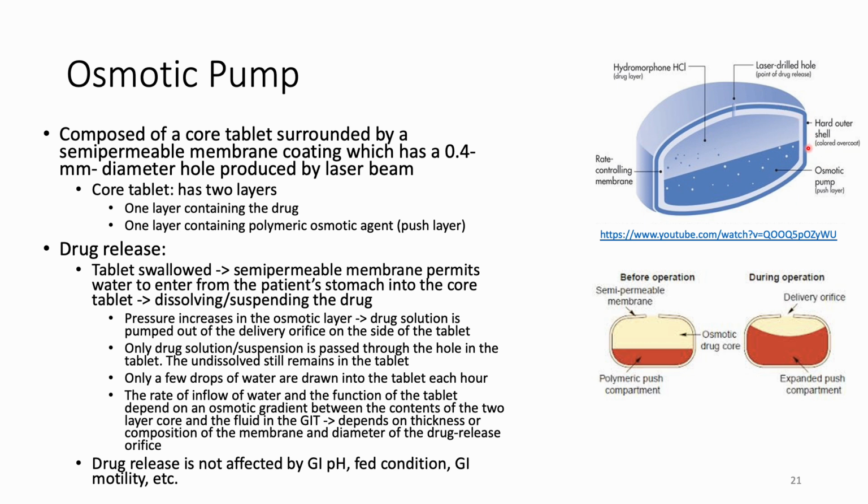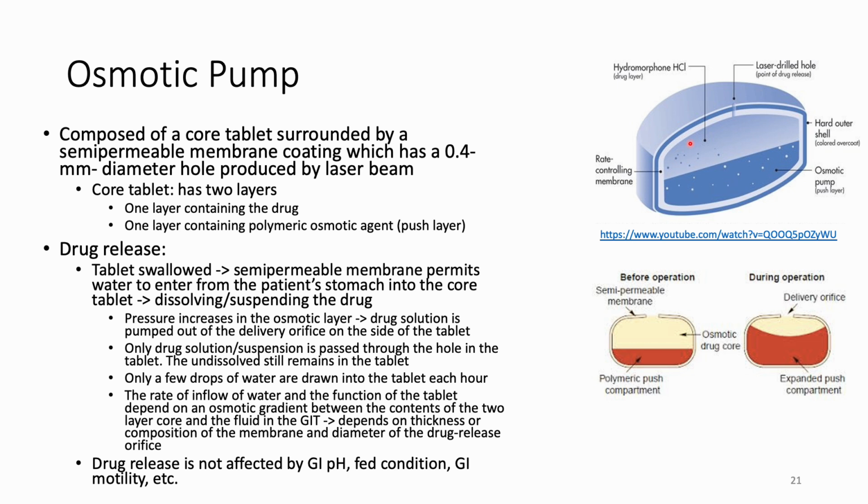The tablet has two main parts, the core and the layer. In the core, in the cross section, there are two main layers. One layer contains the drug, and one layer contains the polymeric osmotic agent, and this acts as an osmotic pump or push layer.